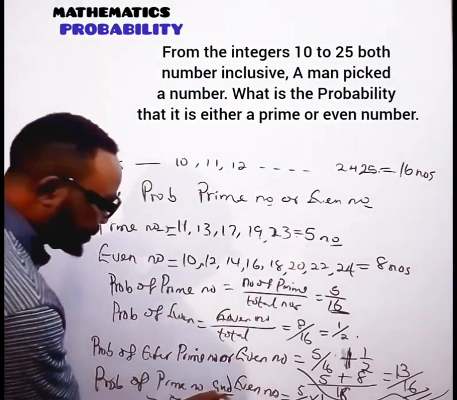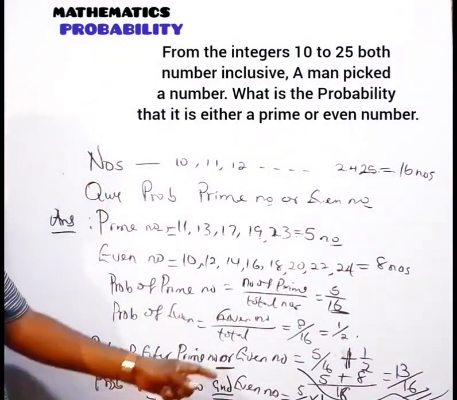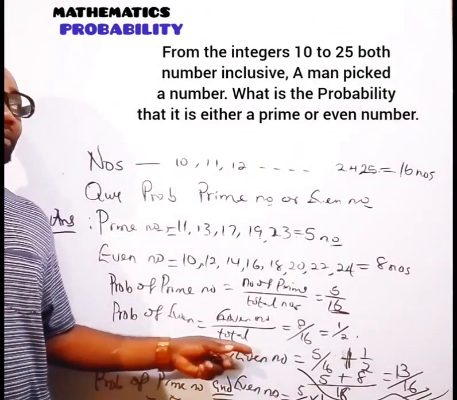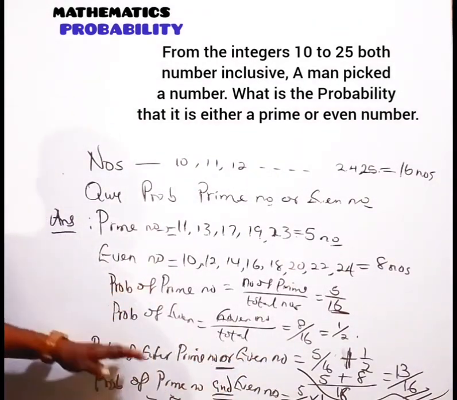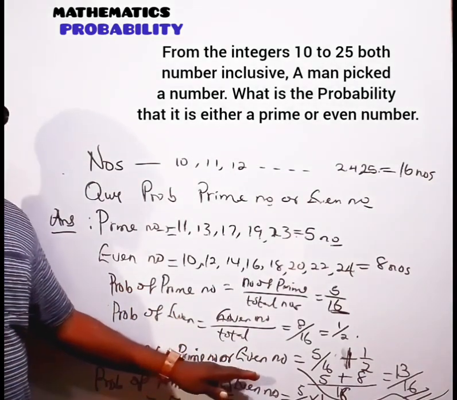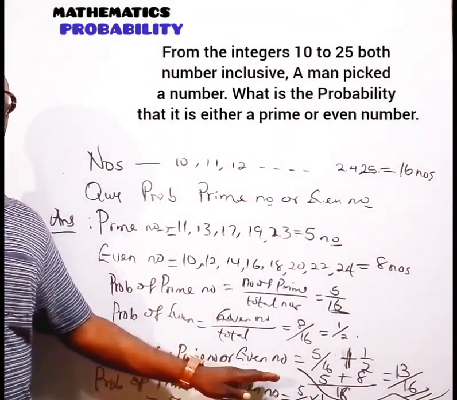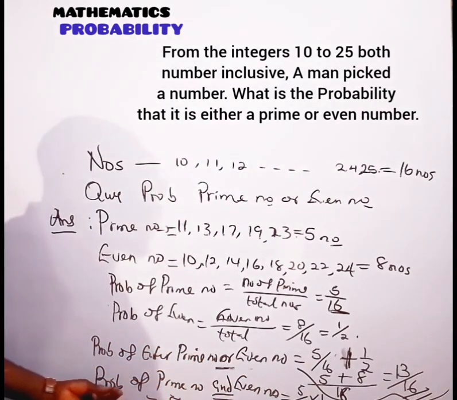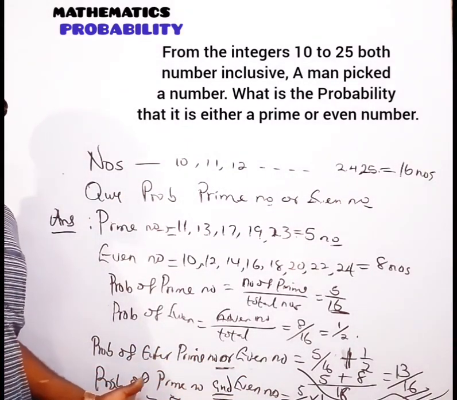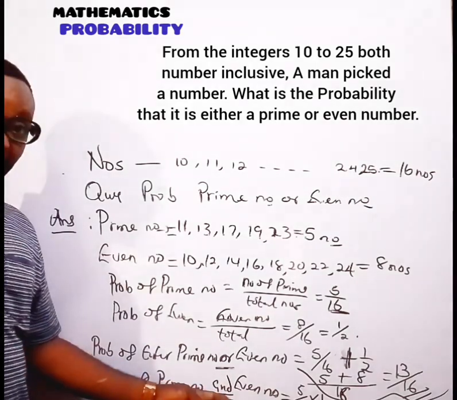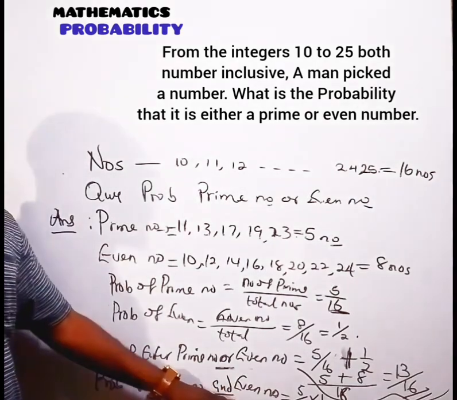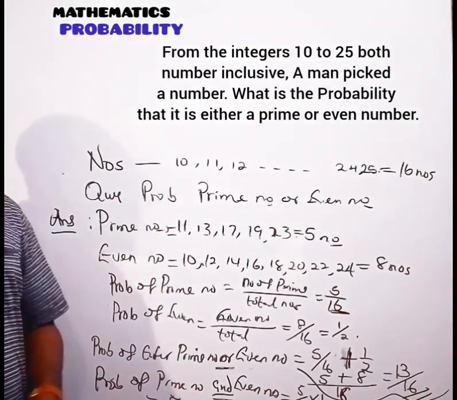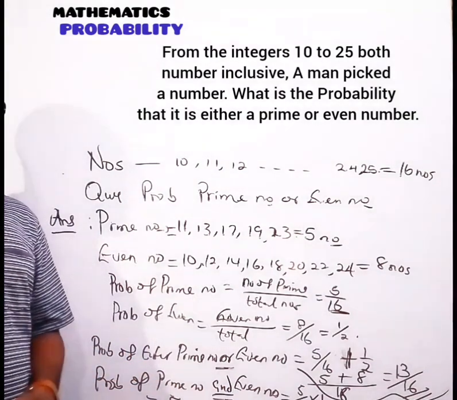You can see that we made use of or in the first value. That is a mutually exclusive event when we make use of such an expression. Whereas in this one that we just found, which is not part of the question given to us, we made use of and there. It is an independent event. So that is how we do the calculation in that order.